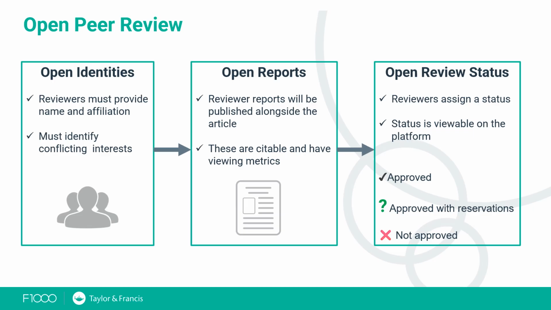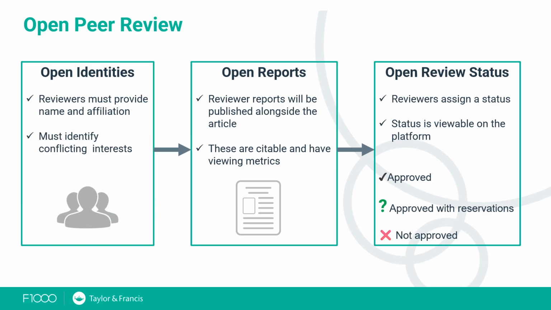Approved with reservations, so there are some content changes that are needed, but they're not so significant that the article couldn't, in principle, go past peer review without those changes having been made. And then there's not approved, which is the article shouldn't pass peer review until some quite serious or more substantive changes have been made to the article.